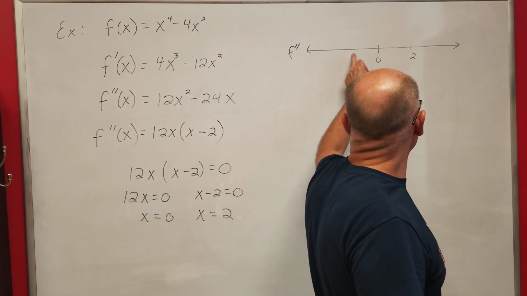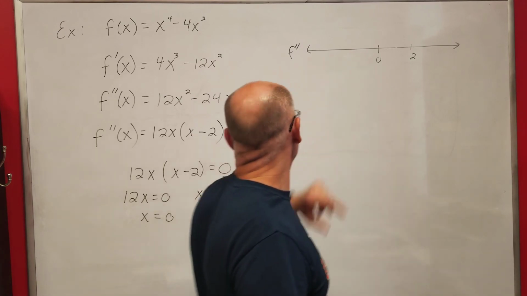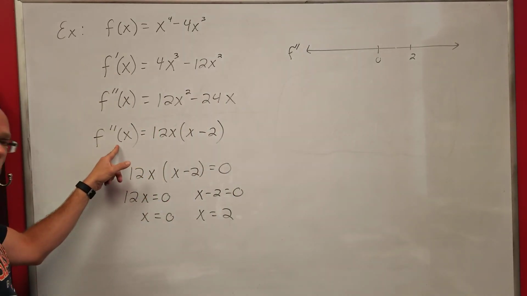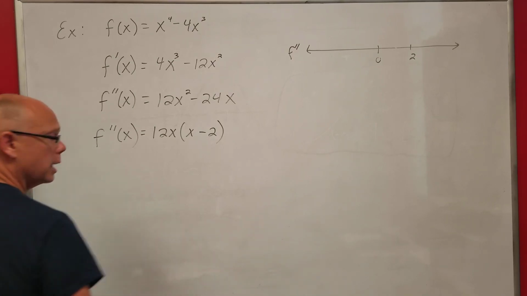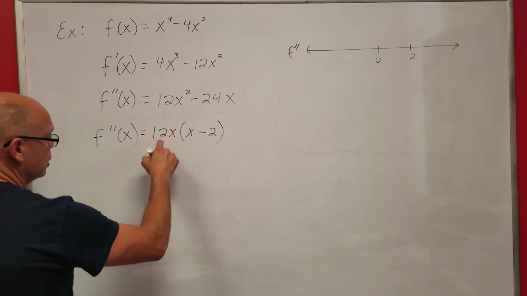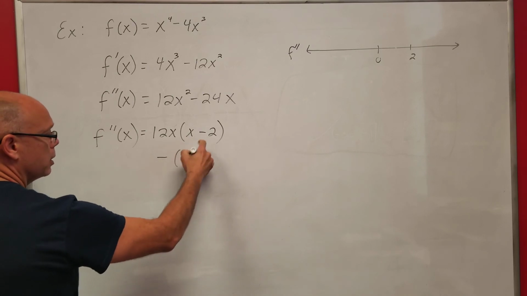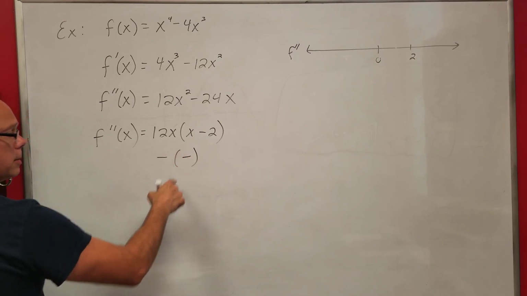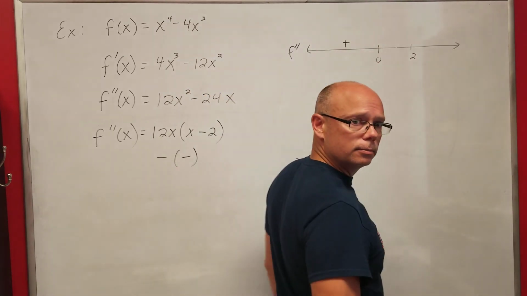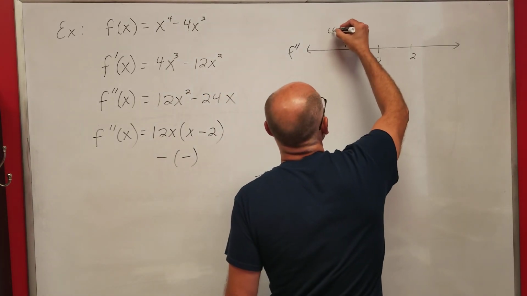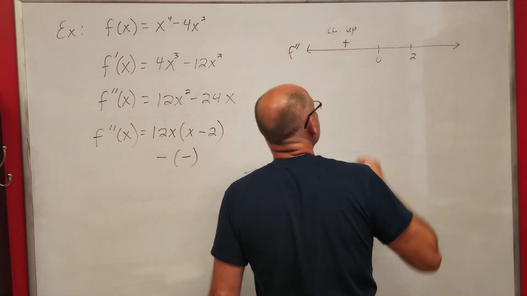All right, so let's suppose I pick a test value of -1. And I run it through the second derivative. What do I get, a positive or negative? -1 times 12 is a negative. -1 minus 2 is a negative. Negative times a negative is a positive here. So it's going to be concave up here.